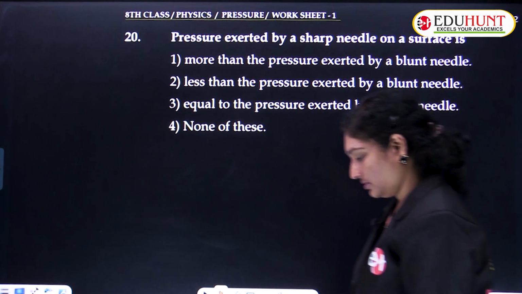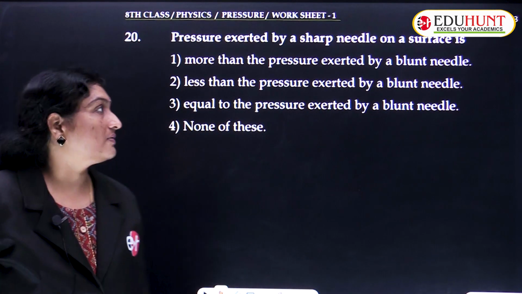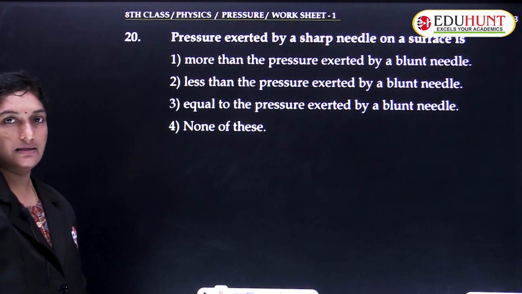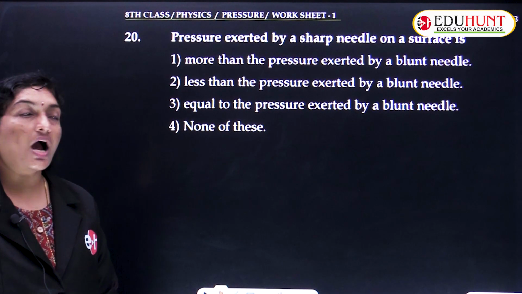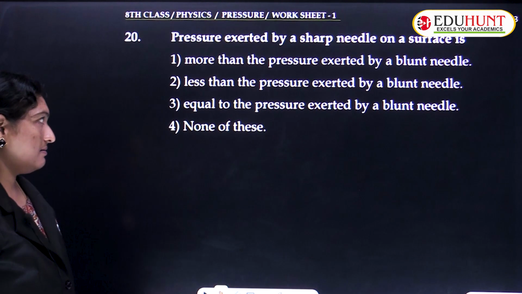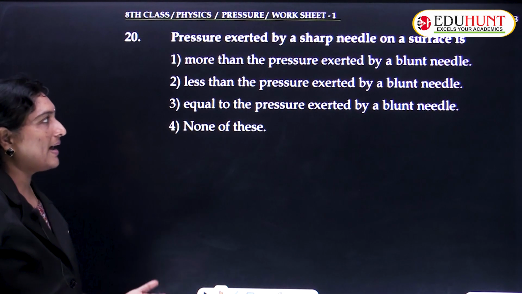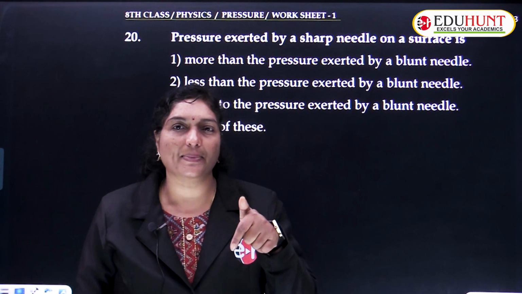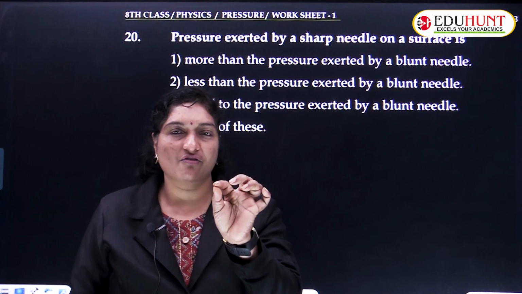So now look at the 20th question, children. Pressure exerted by a sharp needle on the surface is compared, so it has to be compared with the blunt needle. So what is that? Sharp needle means less area of contact.